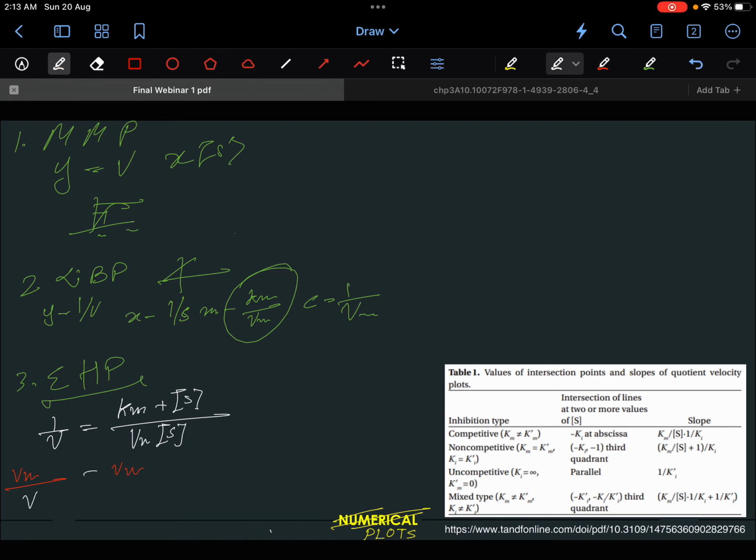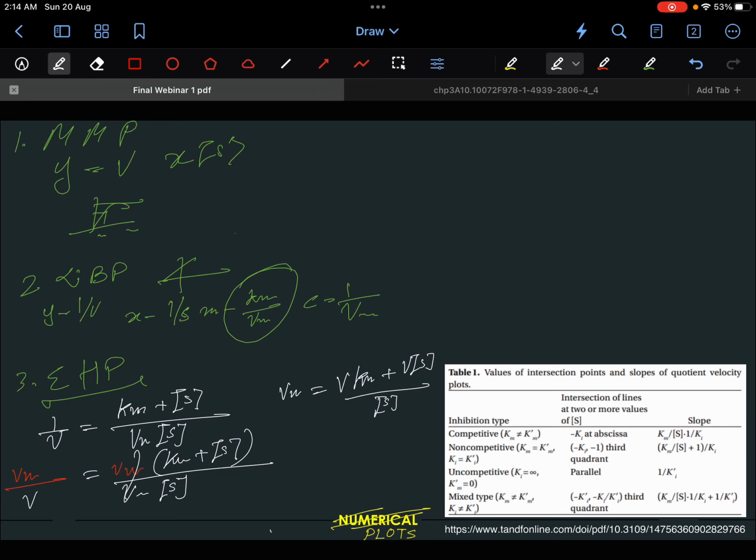Vmax by V is equal to Vmax into Km plus concentration of S by Vmax into concentration of S. The Vmax will cancel out and the equation becomes Vmax is equal to V into Km plus V into substrate concentration S by substrate concentration S, right?